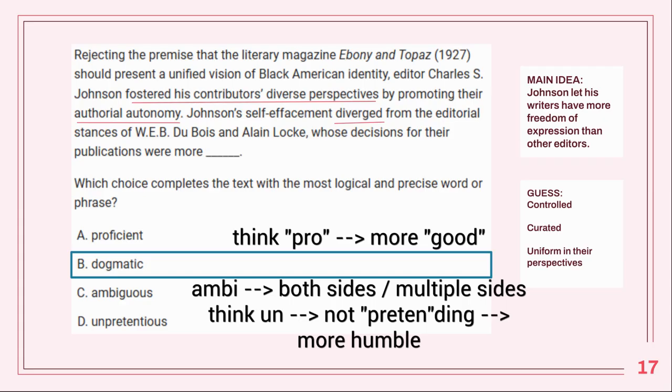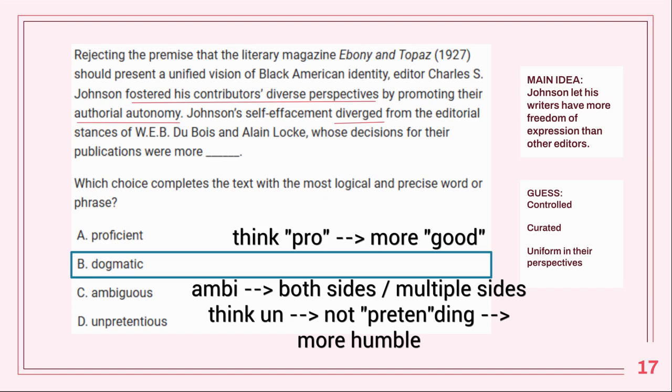It doesn't really talk about one person being more pretentious or acting like they're better than they really are compared to the other editors. So I think this one is a little irrelevant. We're not talking about their egos. We're just talking about how they want more control over their vision. So unpretentious isn't really a great word here.